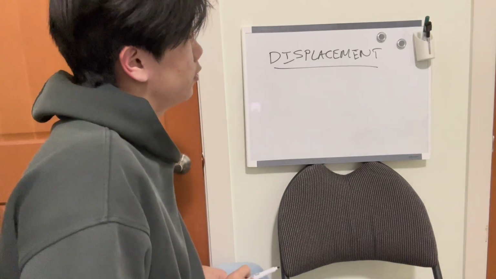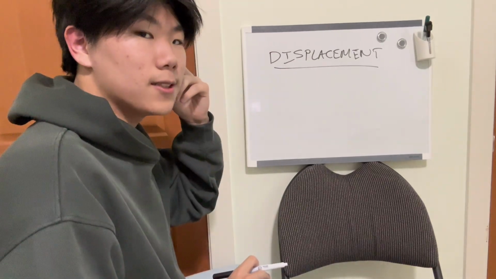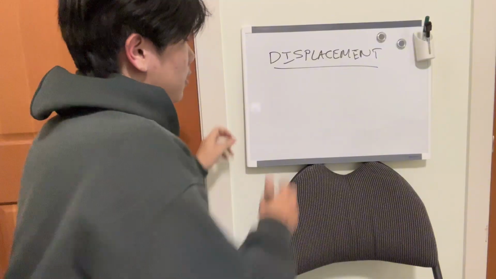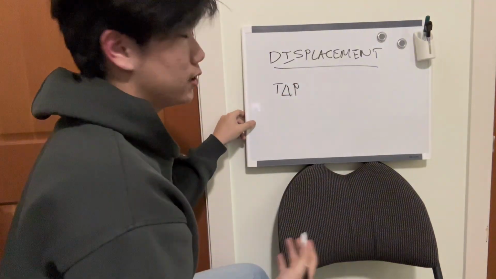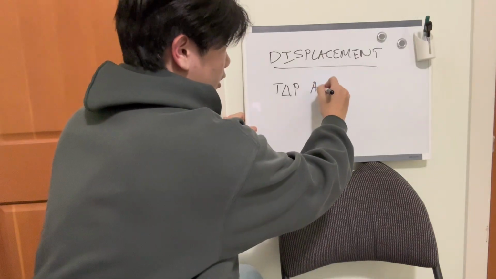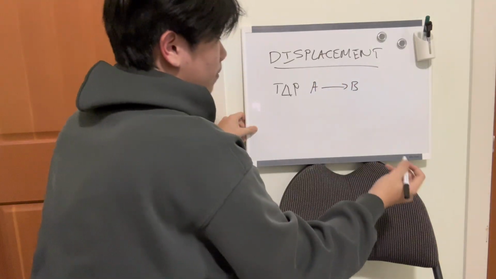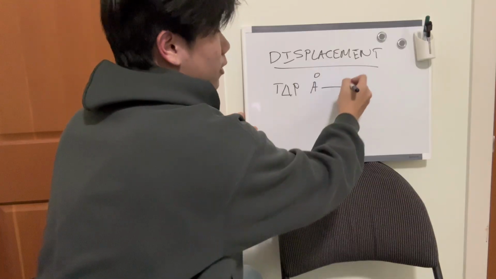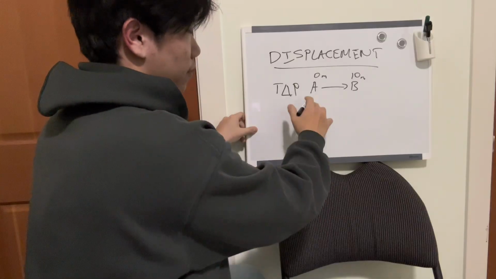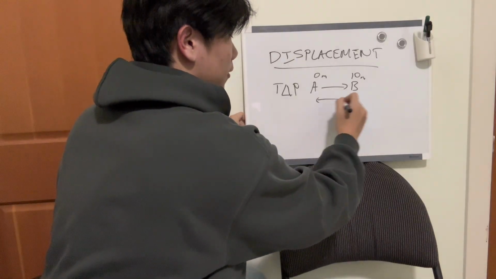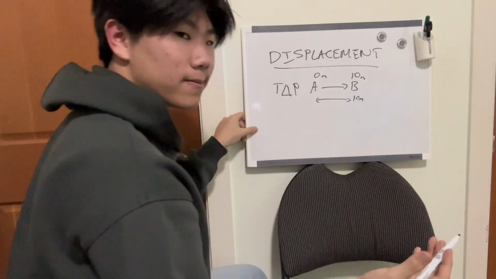So the first thing you have to know about vectors is displacement. Displacement is the total change in position. Let's say I have position A going to position B. Let's say this starts at 0 and this at 10 meters. Therefore, from A to B, the total displacement is 10 meters.